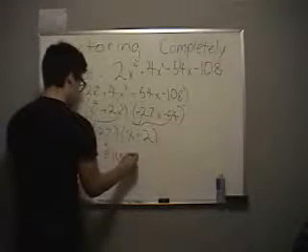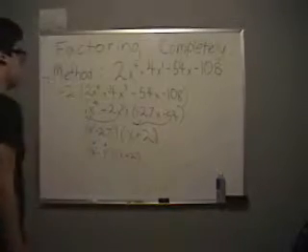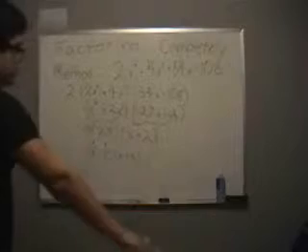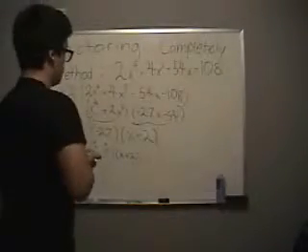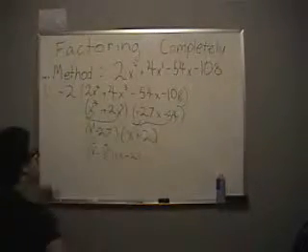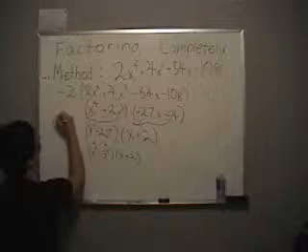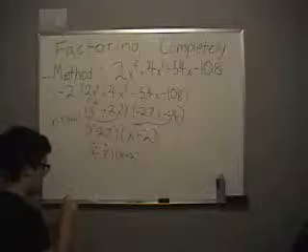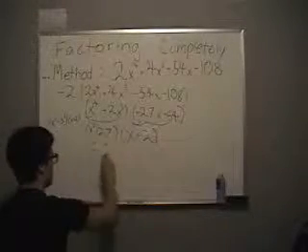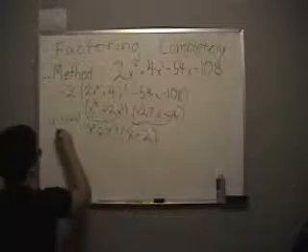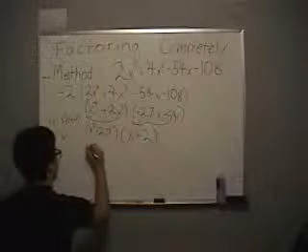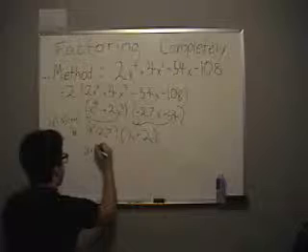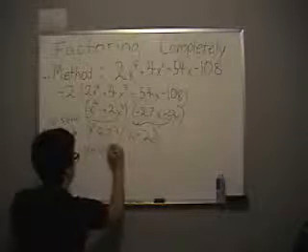After which, you find out what 27 can be square rooted by, and that would be 3 to the power of 3, times x plus 2. Your problem is nearly complete. All you have to do is group together x plus 3 cubed plus or minus x minus 3 and x plus 2.